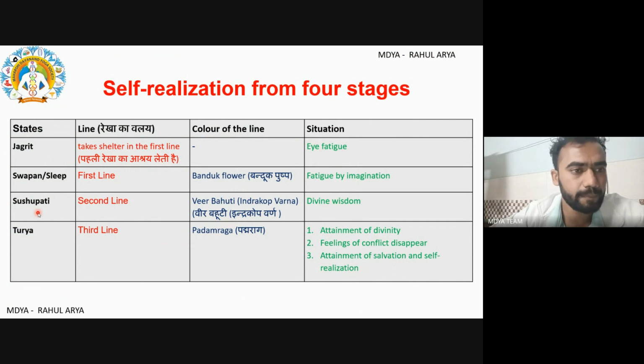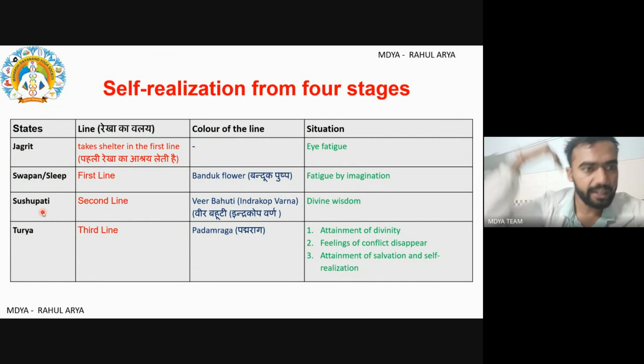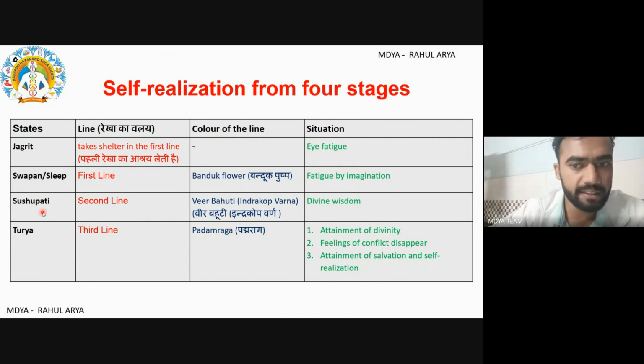I gave you the example of Guru Nanak Sahib Ji, the half closed eyes. It is also one kind of susupti. But Guru Nanak Sahib Ji was the highest practitioner, so I cannot say he was in the susupti state or Turiya state. I'm just correlating. Turiya is the highest state of meditation, the state where we get self-realization.